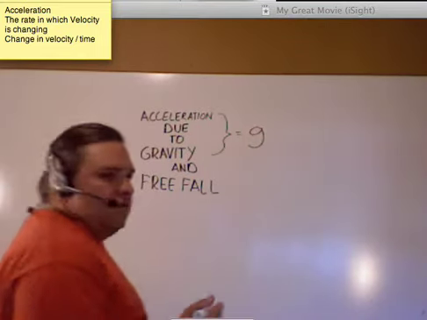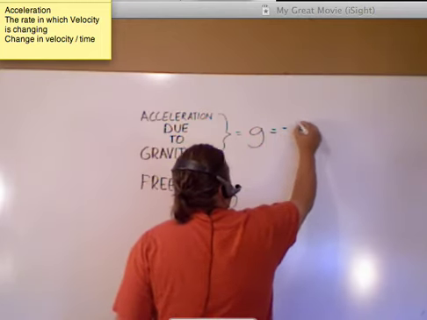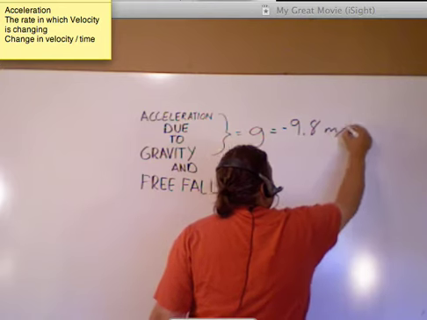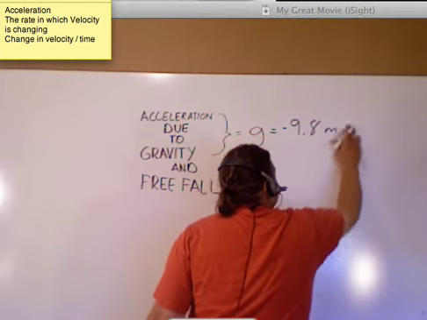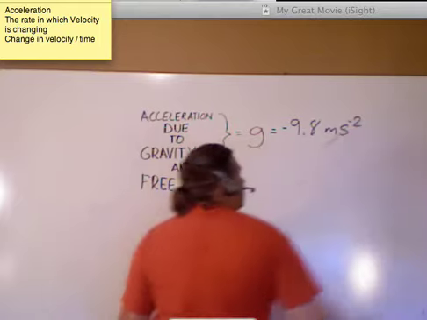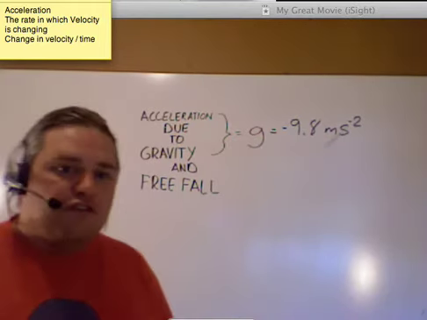Now, that value of g near the surface of the Earth turns out to be negative 9.8 meters per second squared, which, if you remember right, we express this way. Okay? That is the acceleration due to gravity near the surface of the Earth.